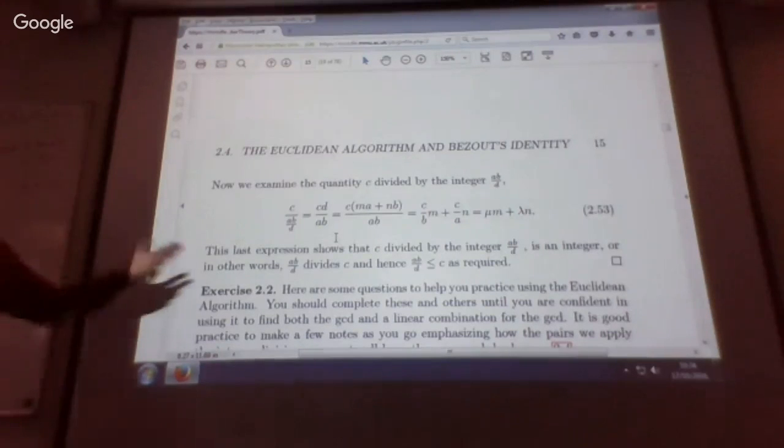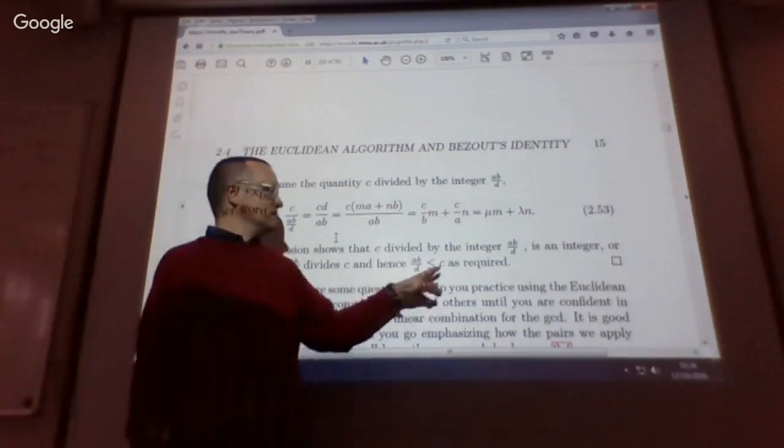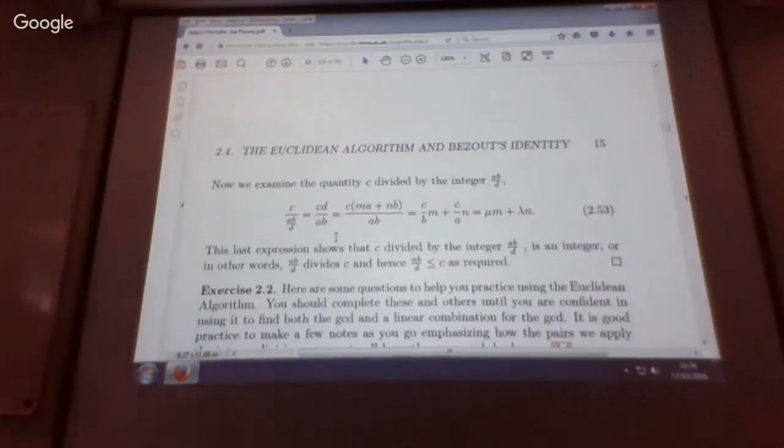So we've shown that AB divides C, in other words, AB over D is no greater than C. Therefore, it is the least common multiple because it's smaller than every other common multiple.